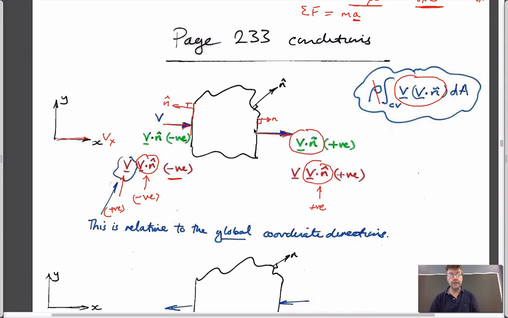The magnitude of the blue vector, which is just the v term, is in the direction of the coordinate system, positive x, and so this term is also positive. When you have two quantities both positive, the resulting quantity is positive as well.